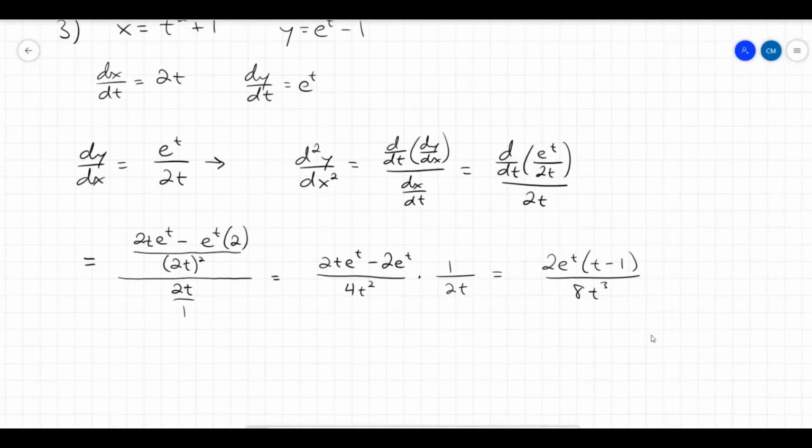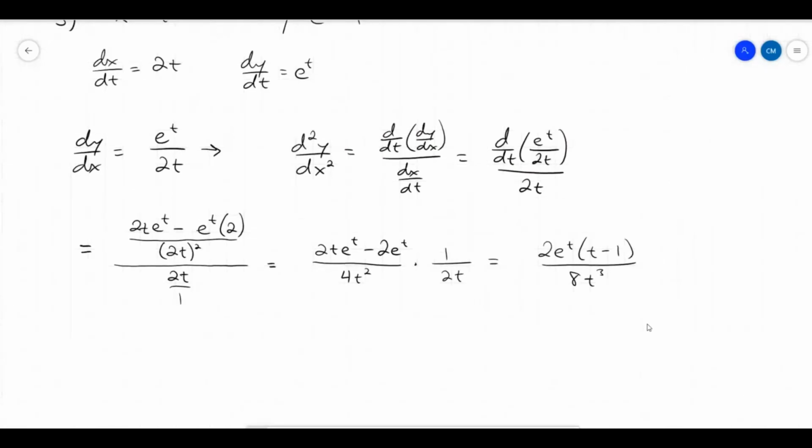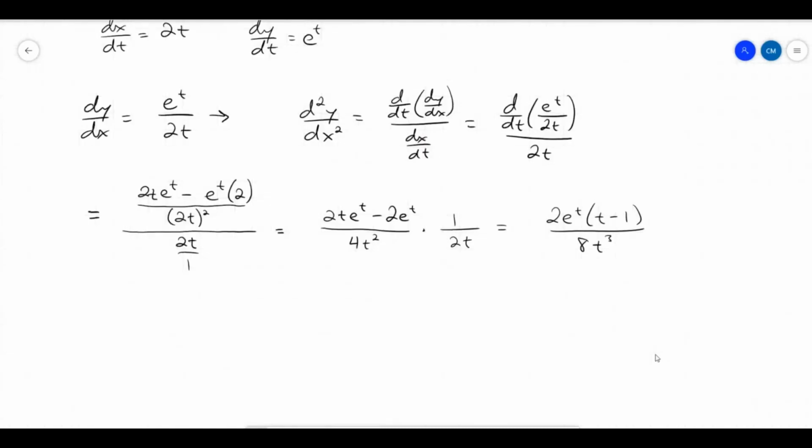Okay, now they're also asking us to identify which values of t this thing is concave up. So if you remember from your Calculus 1 class how you have to deal with this, remember for finding intervals of concavity, what you have to do is find any place where that second derivative is either 0 or undefined.